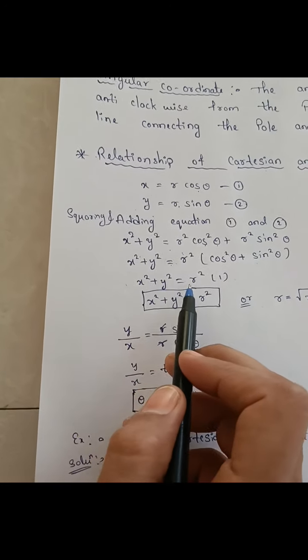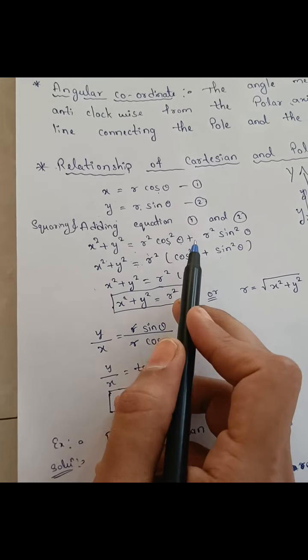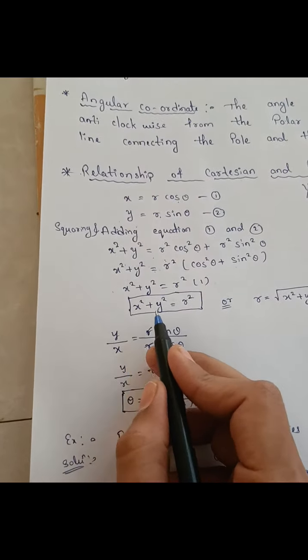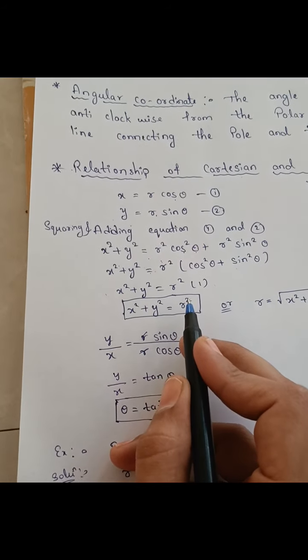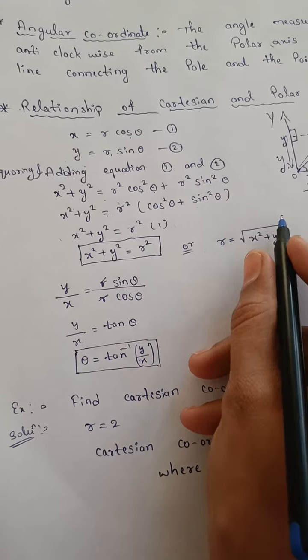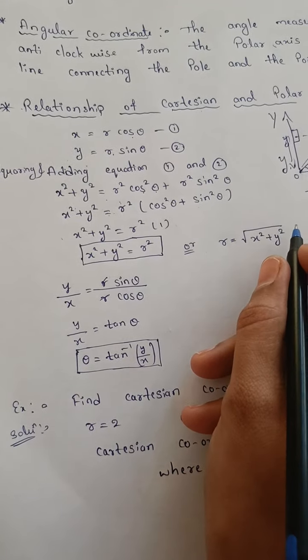So x square plus y square equals r square, where r square is common in both terms, times cos square theta plus sin square theta. The formula for cos square theta plus sin square theta is 1. Then x square plus y square equals r square, and we can also write it as r equal to root of x square plus y square.